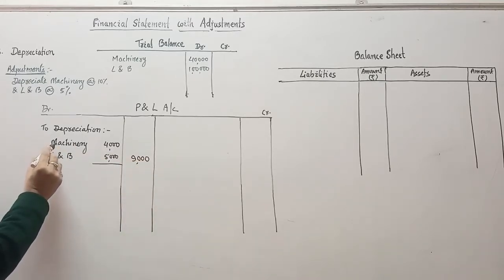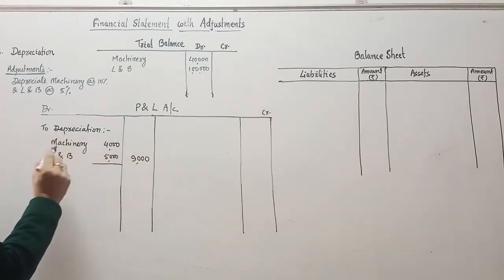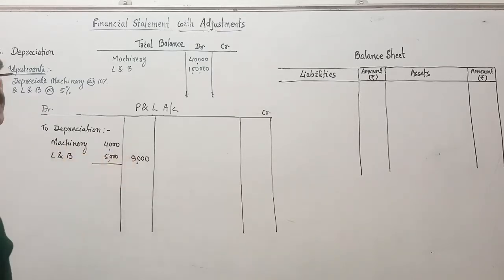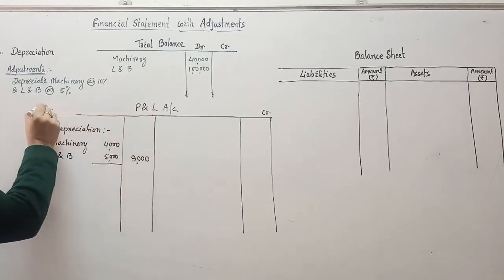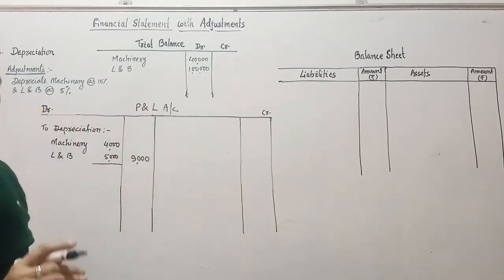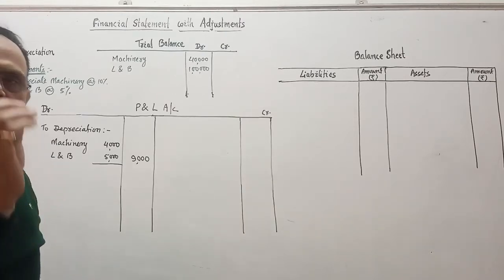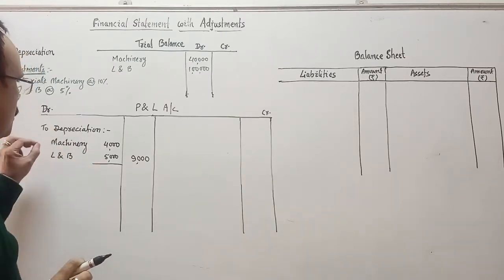We write it in the debit side of the profit and loss account. It's a non-cash expense and an indirect expense.